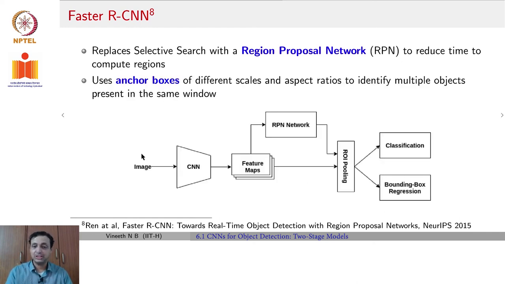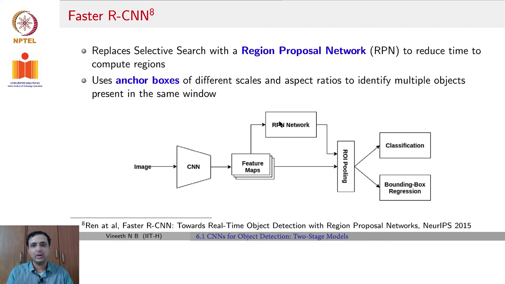So given an image, you forward propagate the image through a CNN like AlexNet or VGG. You get a set of feature maps. Now these feature maps are provided to the region proposal network, whose job is to tell us which regions are likely to have an object.